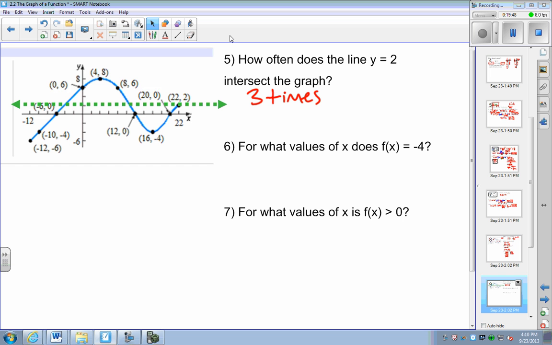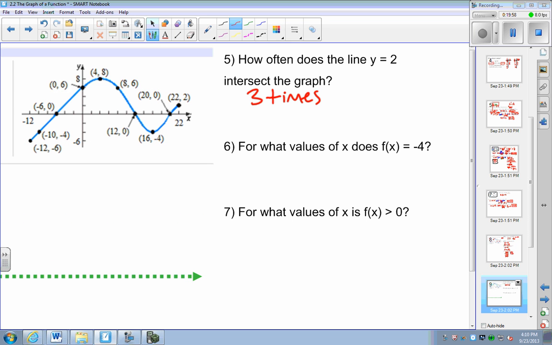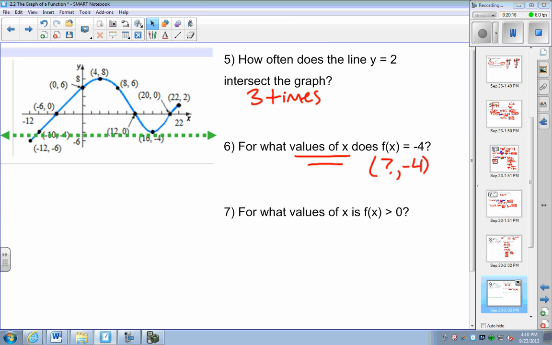For what values of x does f of x equal negative 4? Now, this is where you have to interpret what it's really asking. Again, it's asking for values of x, and it's saying f of x equals -4. So it's basically telling you the y value is -4. You're trying to fill in this first number right here. So go every place that the y value is -4 and tell me what that is.